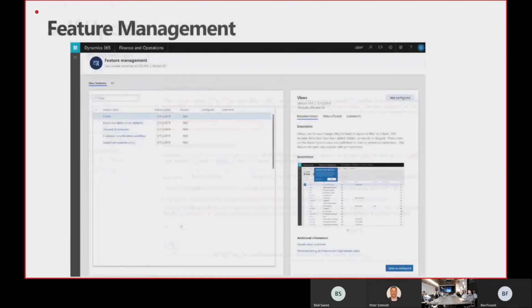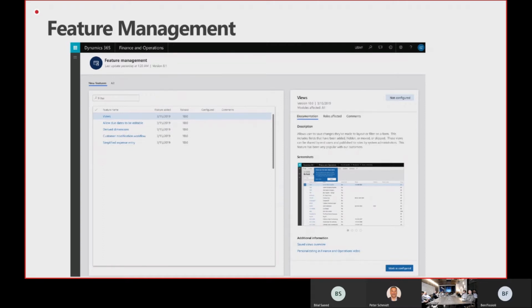The next area is around feature management. With a release of a new update, there might be new features in it, and there's that potential problem that a new feature is coming into my system that I don't even know about or want to turn on.